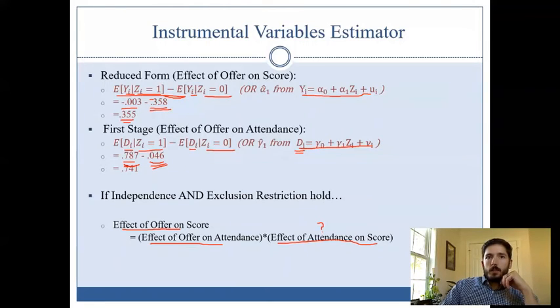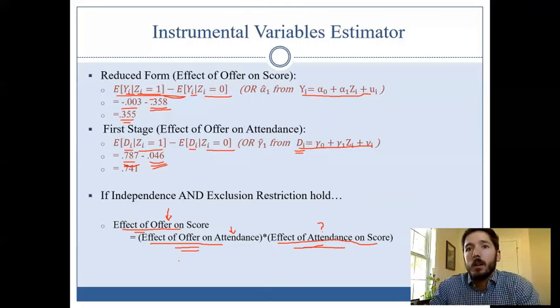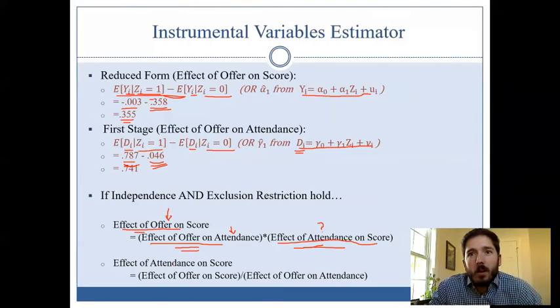So with our estimate so far, we know this piece here, we know this piece here. That's what we had above. This was our 0.74, this was our 0.35. But what we really want is this piece here: the effect of attendance on our test score, to answer our research question.